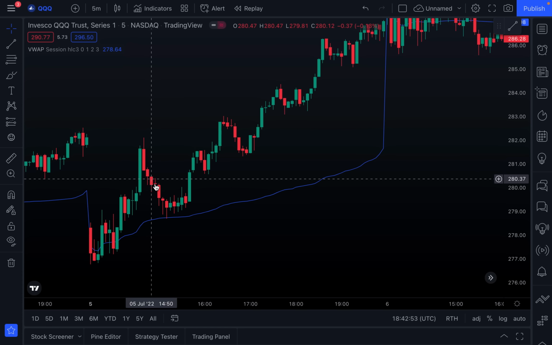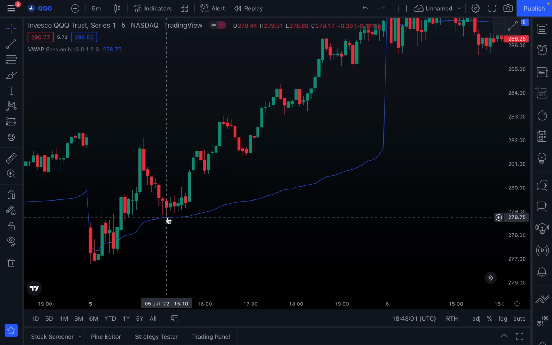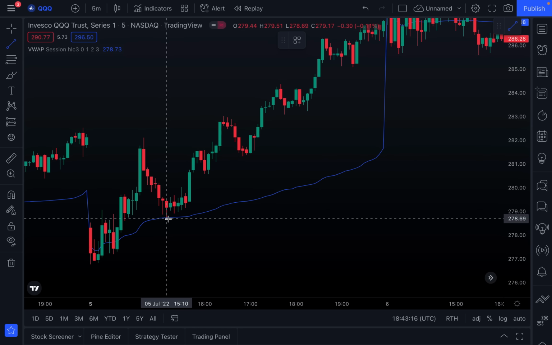And so as the price came down, then you would look for price action, looking at potential candlestick patterns, things like that, to see, is this going to hold? Is this VWAP going to hold as support? And so if you would have done some price action, some look at candlestick patterns here, you might have potentially at this point said, okay, I think it's going to hit this, and this is going to act as an area of support.